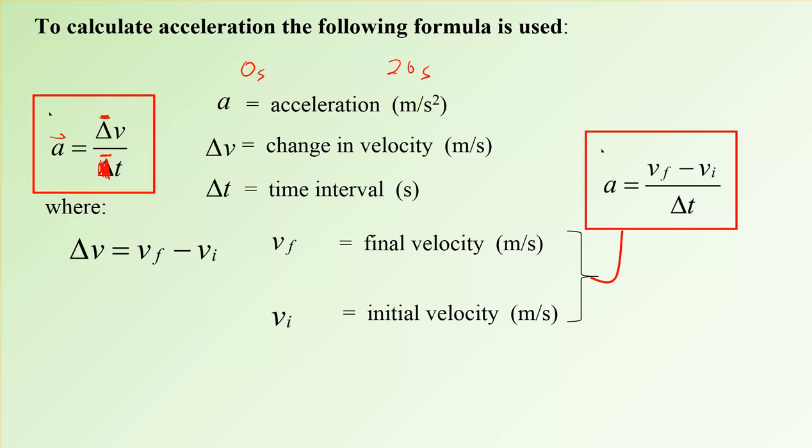Another way of looking at our formula, and a lot more useful, is to flesh out what that change in velocity actually means. Looking at this formula, we still have A, which should have a little arrow over top of it for a vector. It's saying VF minus VI, which is the same thing as our change in velocity. VF is our final velocity, the speed that we're going to end up going, 60 kilometers an hour.